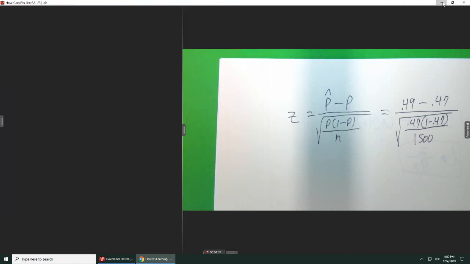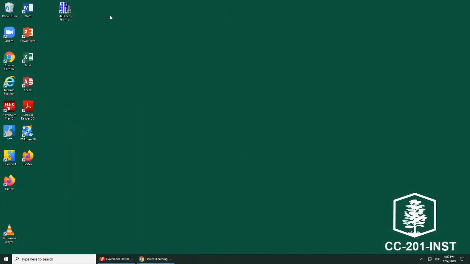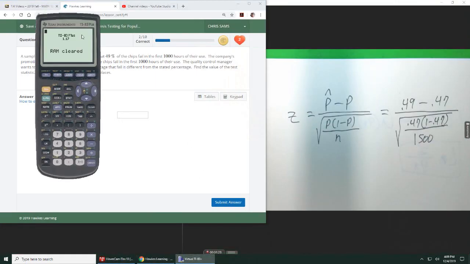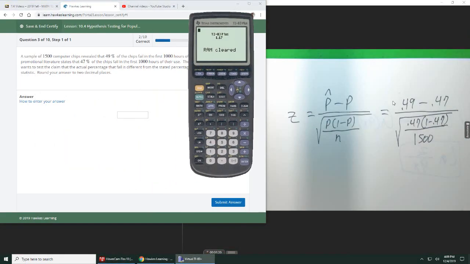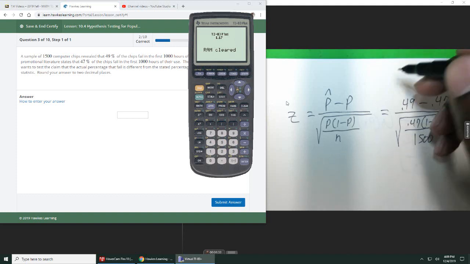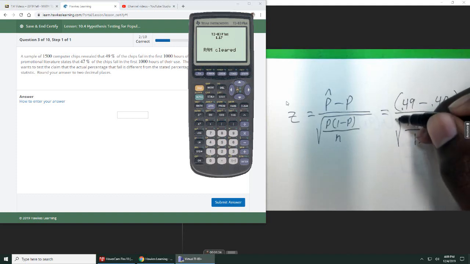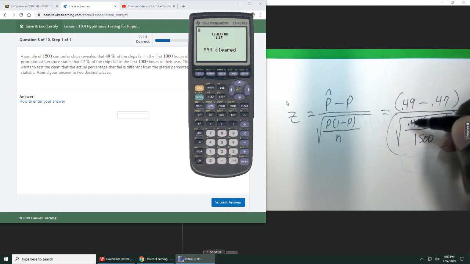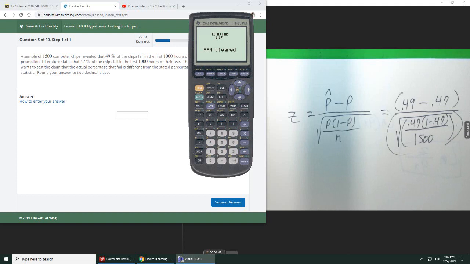So here's what we need to find our test statistic. I need to pull up my calculator so that we can compute. I need to put the top in parentheses, and then the bottom is going to be in parentheses too. So you have several sets of parentheses there, but it'll look something like that. First, clear out what we have.